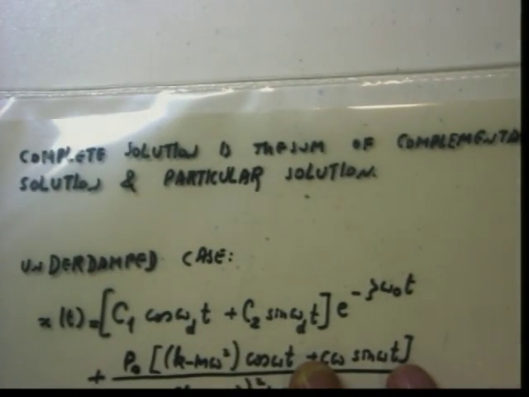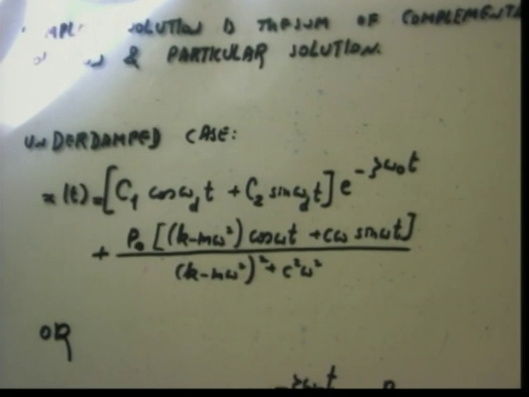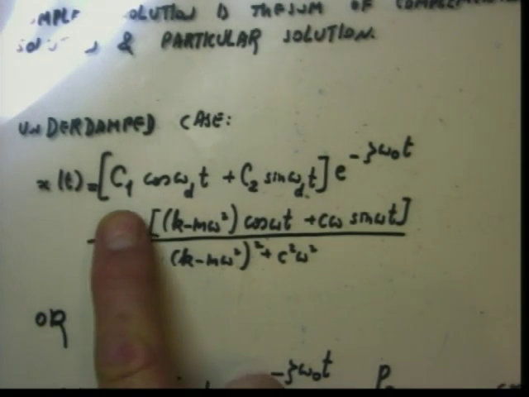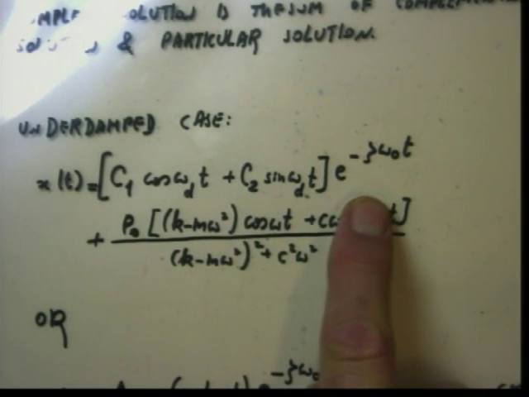Now, the complete solution is a sum of the complementary solution and the particular solution. So consider the underdamped case. Do you remember the solution we had when I started today?